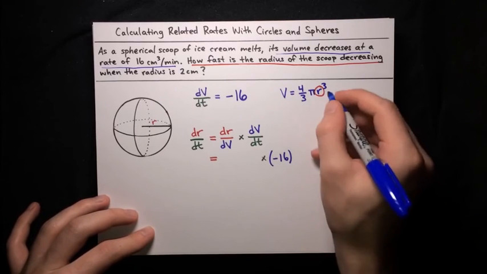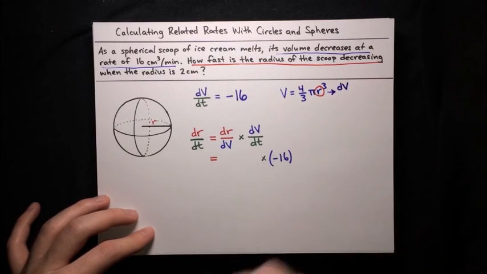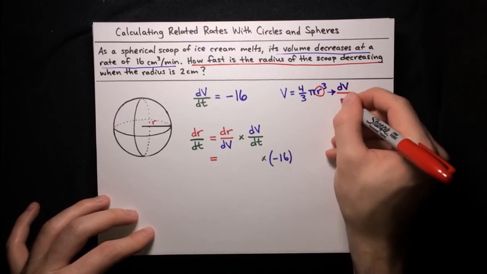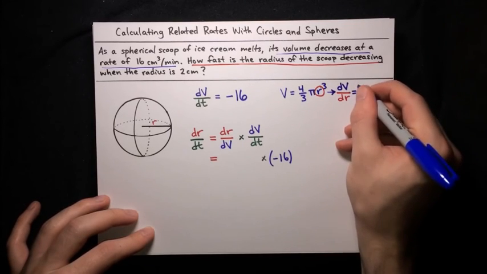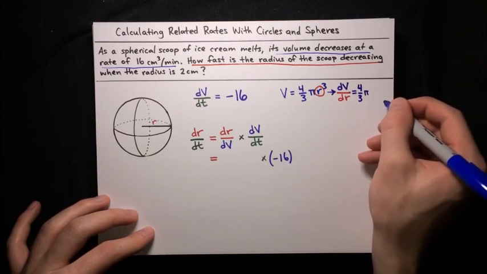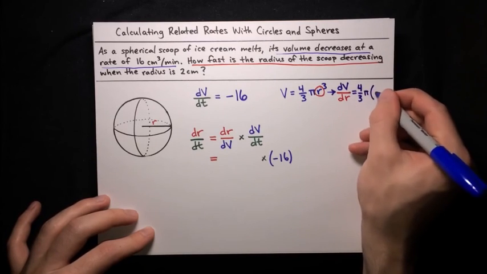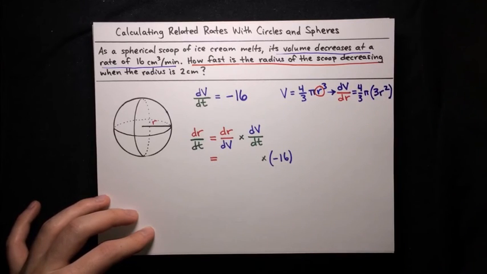So let's go ahead and differentiate with respect to r. So we'll get dv/dr is equal to, constant comes out, so just 4/3 pi, and then times the derivative of r cubed. Derivative of r cubed is just 3r², according to the power rule. Now we can simplify this.